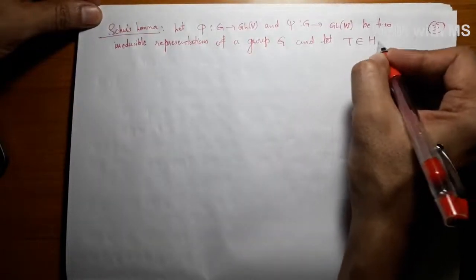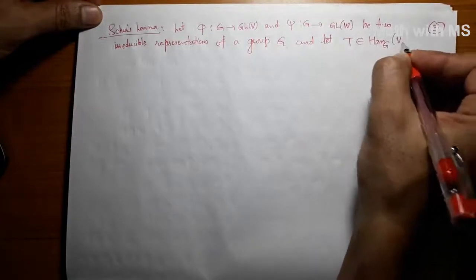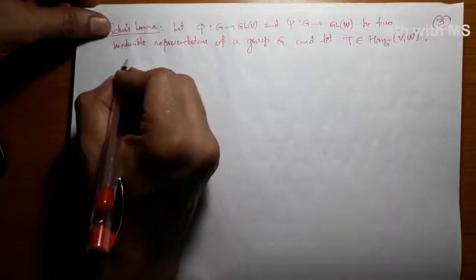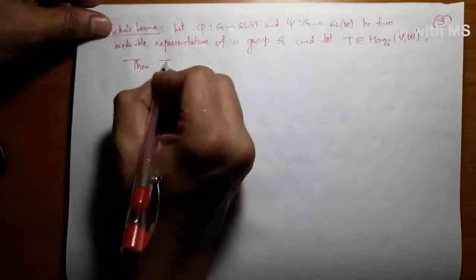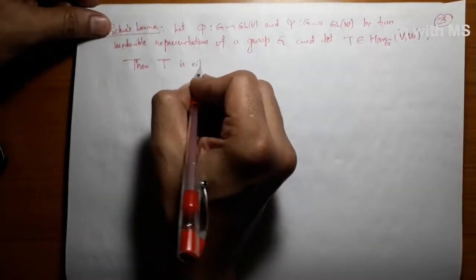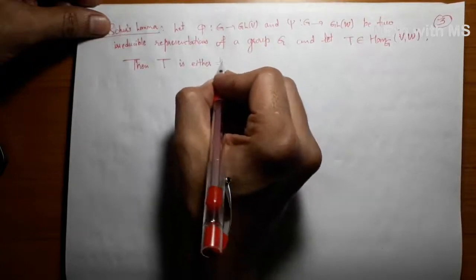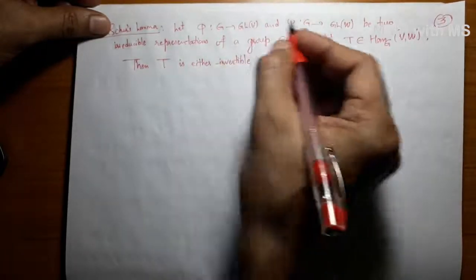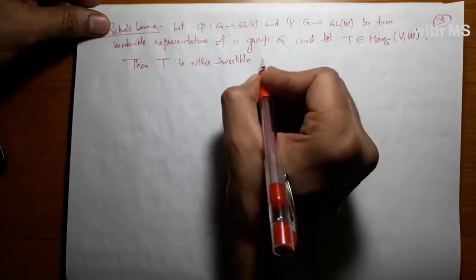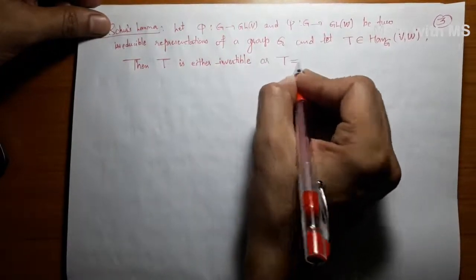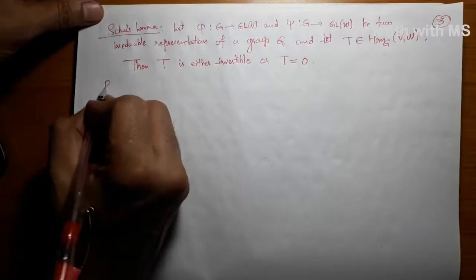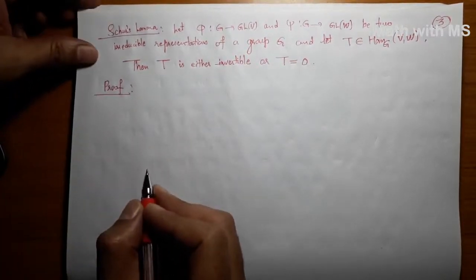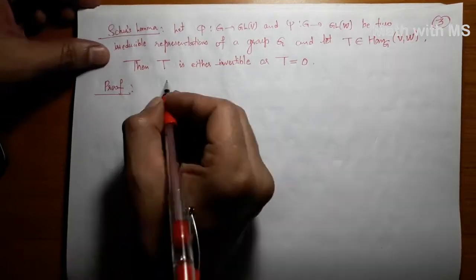So T belongs to Hom_G(V, W). Then what can you say about this T? The answer is pretty simple. T is either invertible, that is, T is an isomorphic equivalence of two representations, or T is actually the zero linear operator. Very straightforward statement.